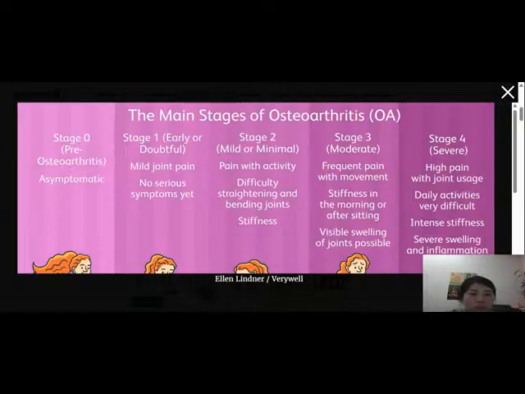Either you can divide it into four stages or five stages. Anyway, in the next stage, there will be multiple bone spurs and some significant cartilage wear, and the joint space is narrowing.